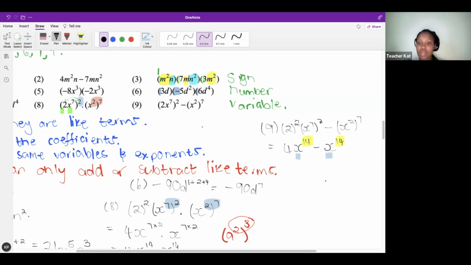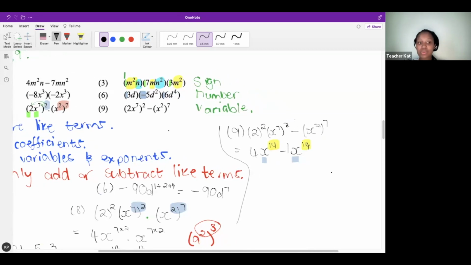Right? So let us subtract them. We said if there is no coefficient, my coefficient is 1. So this is 4x to the power of 14 minus x to the power of 14.